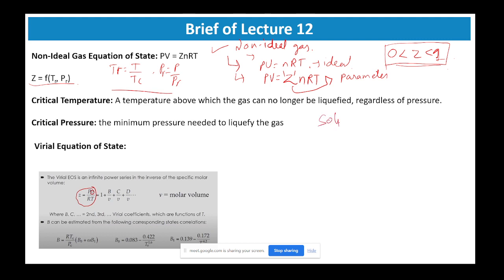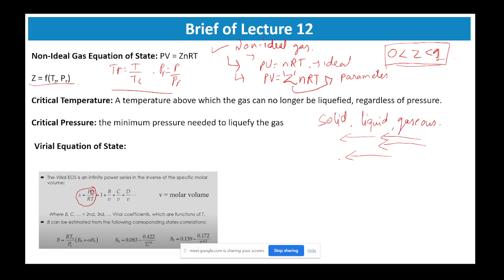It can be either in solid form, liquid form, or gaseous form. Okay, so at constant temperature, if you increase the pressure, then the gas will convert into liquid and further to solid. Similarly, at constant pressure, if you decrease the temperature, gas will convert to liquid and then to solid. Okay, and vice versa also applies.